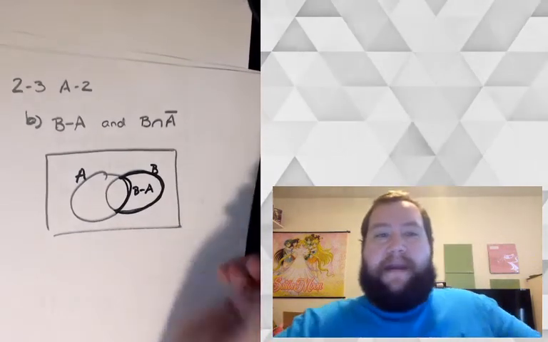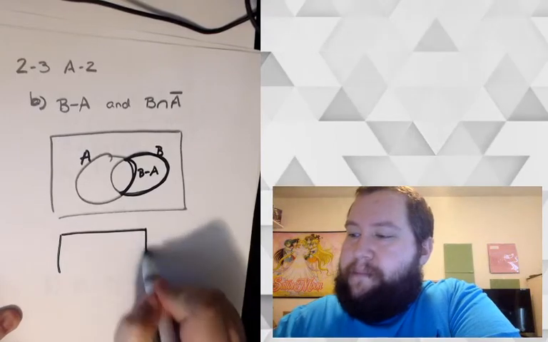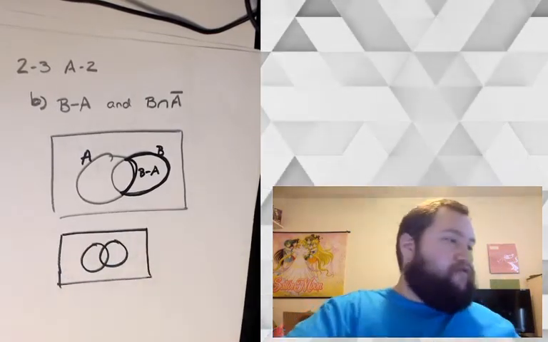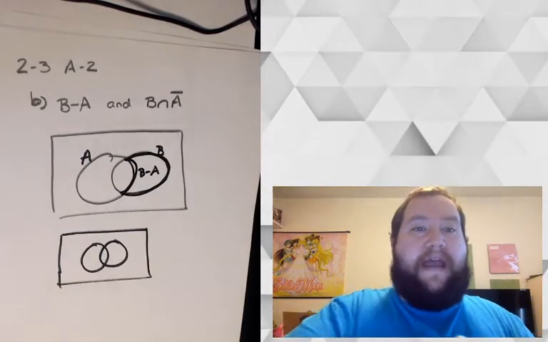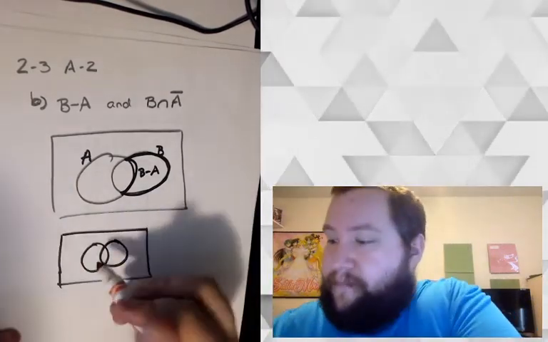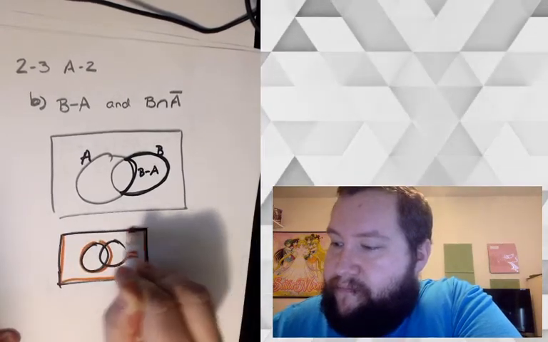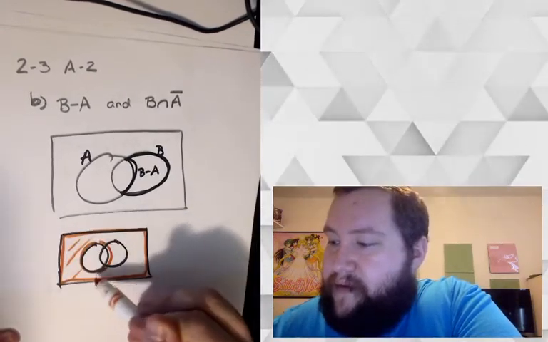Now, it says compare that to B intersect not A. Well, let's first draw what not A looks like. So not A is everything that's not in the circle. And so it's like all of this stuff.